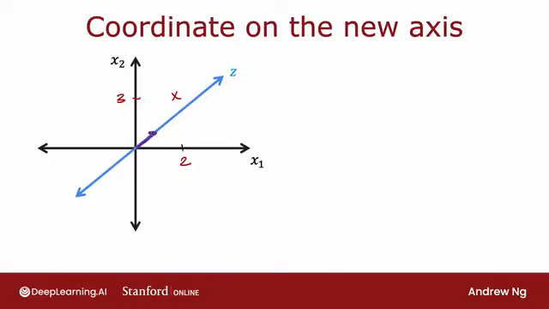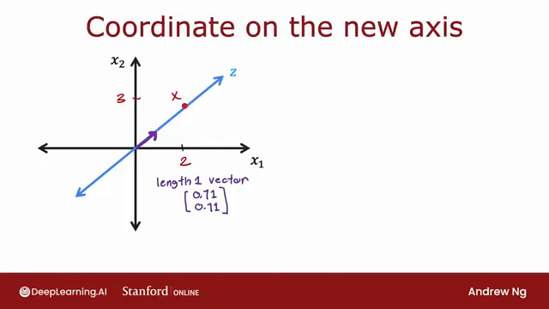What I'm drawing here, this little arrow, is a length 1 vector pointing in the direction of this z-axis that PCA will choose, or that we have chosen. It turns out this length 1 vector is the vector 0.71, 0.71. Rounded off a bit, it's actually 0.707 and then a bunch of other digits.